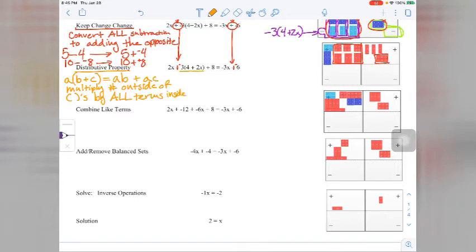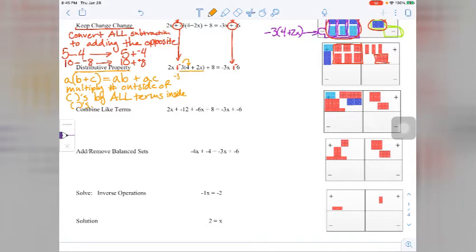That's really important. A lot of students make the mistake and they only multiply, in this case, the -3 times the 4 and not times the 2x. But if you're doing this correctly, you're going to take your -3 and multiply it by 4.